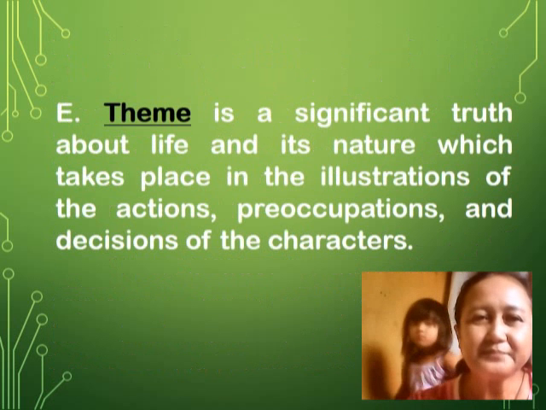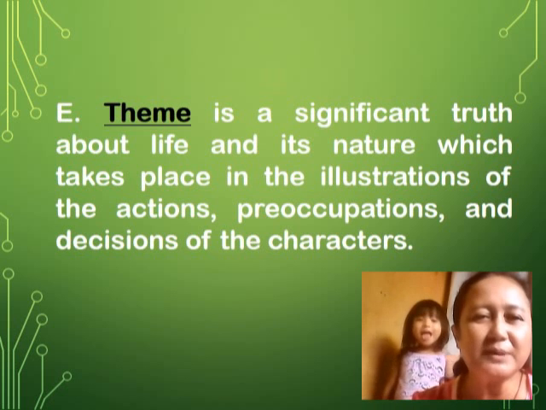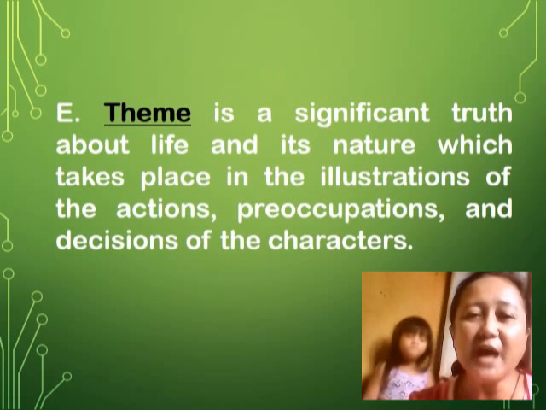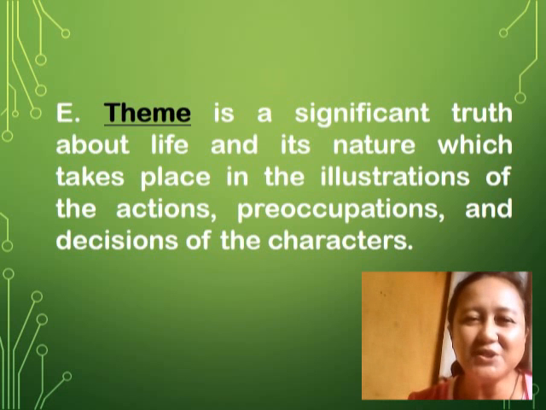Okay, and the theme. Okay, so it is a significant truth about life and its nature. It takes place in the illustrations of the actions, preoccupations, and decisions of the characters. Okay, so these are all about fiction. Also, the theme gives us the moral of the story, the message that it wants to convey to the audience.